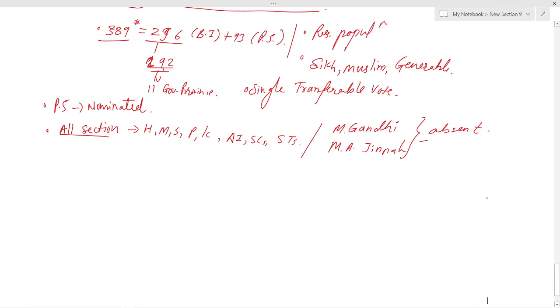Now we will talk about the working of the Constituent Assembly. The first meeting was held on 9th December 1946.